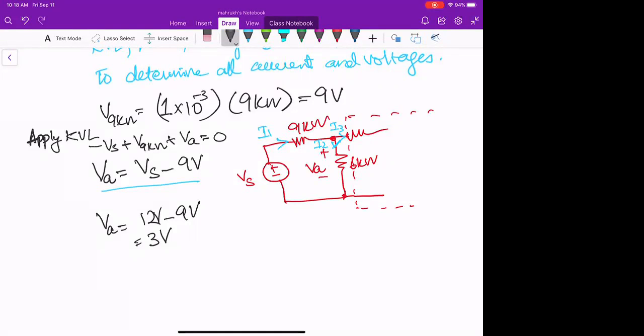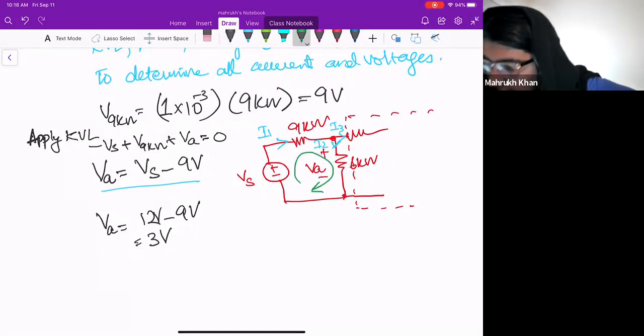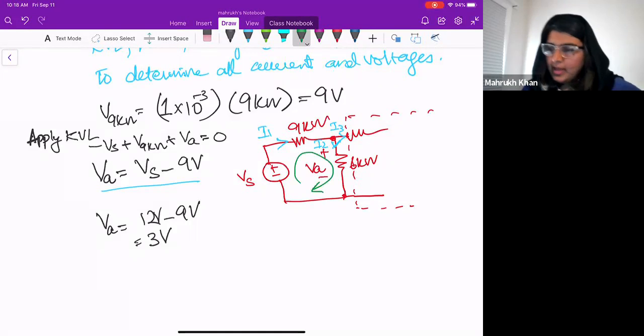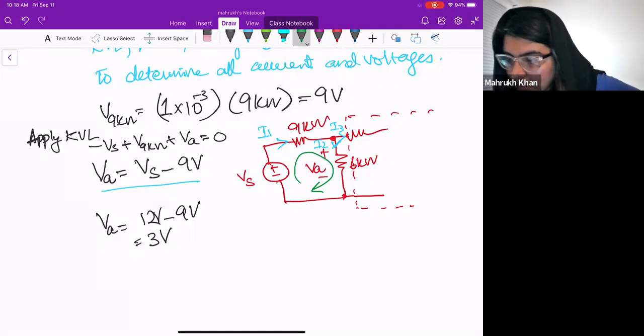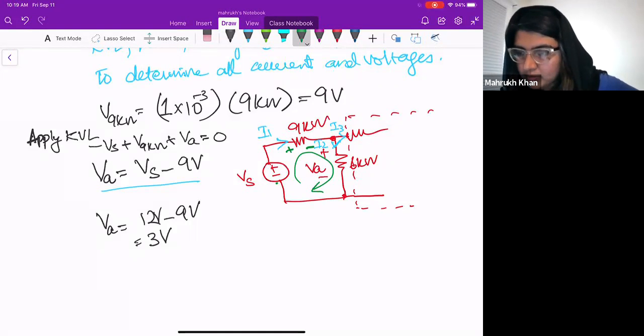Okay, just a minute. When I apply KVL in this loop, I already told you to think about the current from where it's entering. It's entering from the negative terminal here, that's why I wrote minus VS. This should be the voltage across 9 kilo ohms, then this VA passing through 6 kilo ohms. So when I rearrange this, I can find it like this.